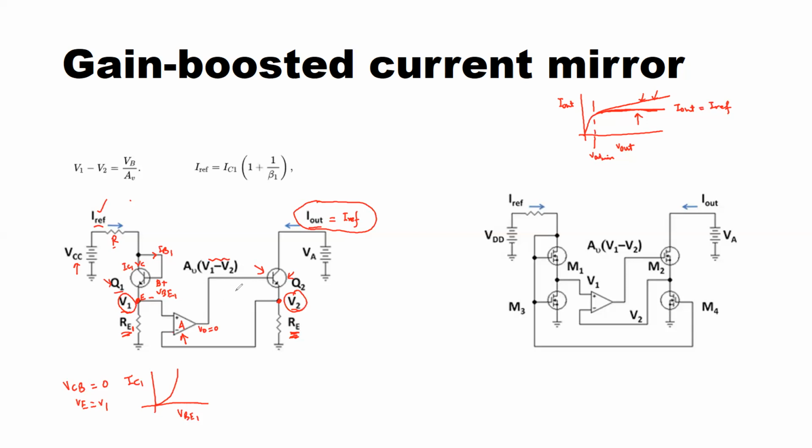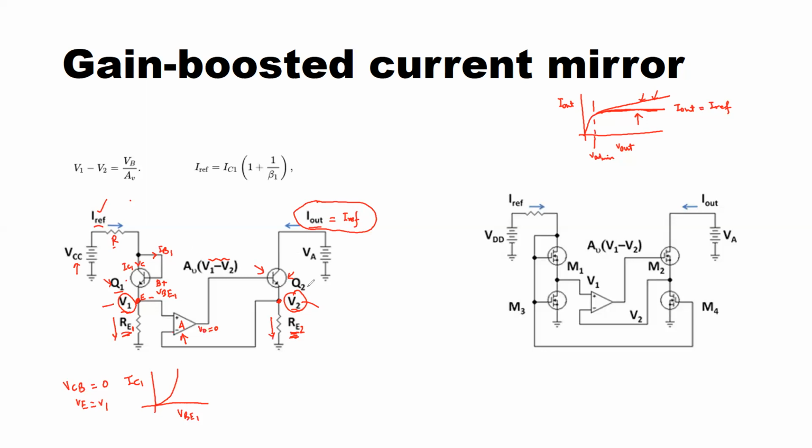But if there are some changes, in a moment we will see how the operational amplifier will take action. It will make use of negative feedback to maintain the current flowing through RE1 and RE2 to be exactly the same, so that these voltages V1 and V2 can be the same. Okay, and just to remind you from our previous discussion, Q1 and Q2 are assumed to be perfectly matched.